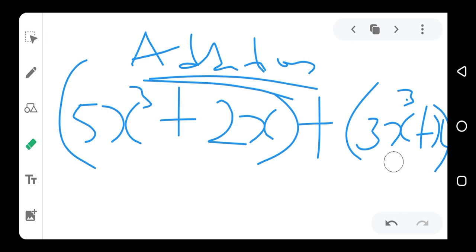Now this one has the same power as this and the same variable. If the terms have the same variable and the same exponents, we put them together. We put the other one under it.